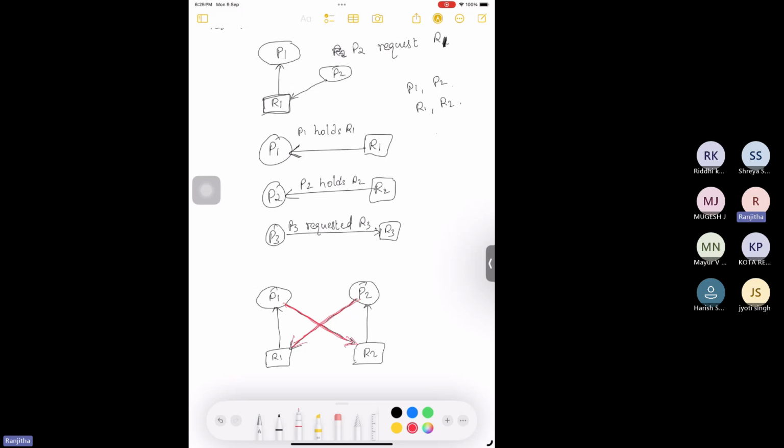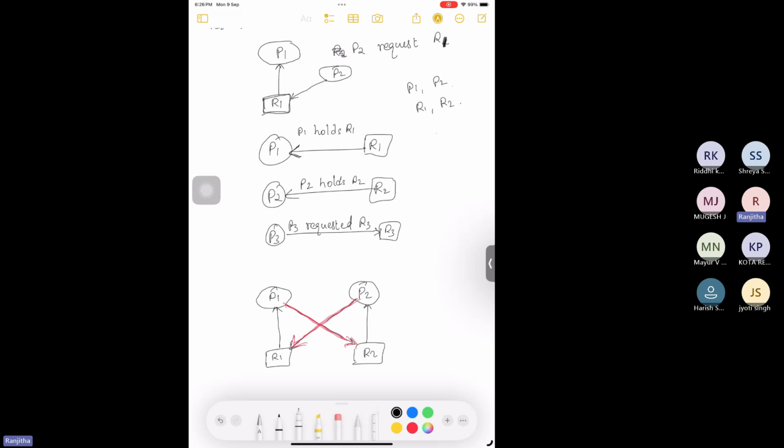So P1 holds R1 and P1 is waiting for R2. Same way P2 holds R2. P2 has R2 with it. But P2 also needs R1. But R1 is with P1. But P1 is waiting for R2. And R2 is with P2. P2 will not release R2 until it gets R1. So this is a deadlock situation.